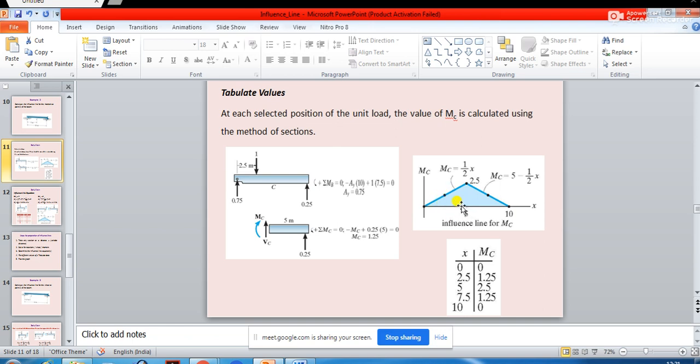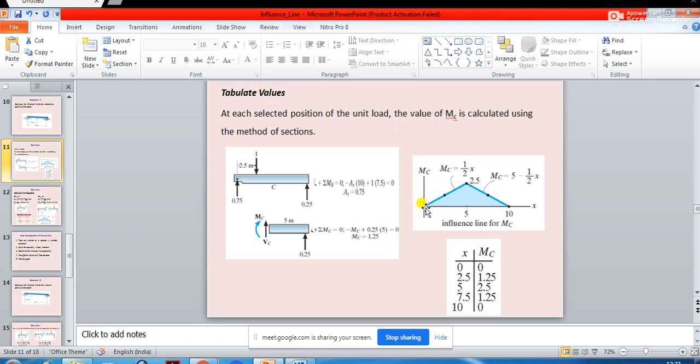At x equal to 5, the value of moment is 2.5. At x equal to 7.5, the distance from here to this point is 7.5, and again this ordinate is 1.25, we have found it out. And when this distance is 10 meter from here, then your moment value is becoming again 0.